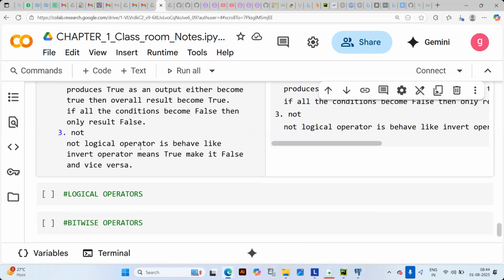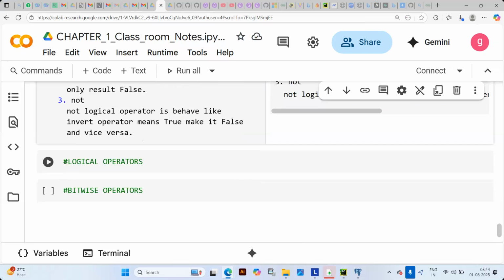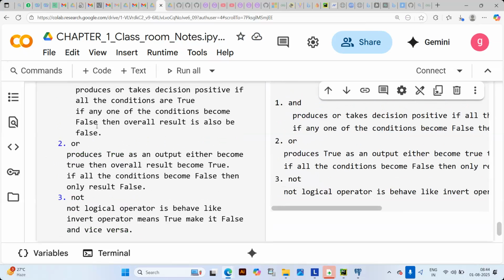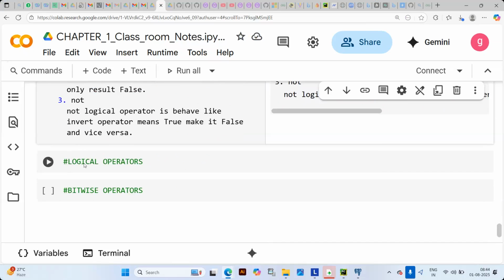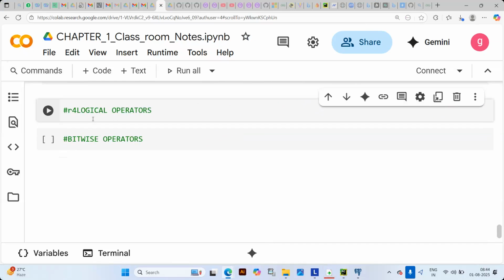So let us take appropriate examples here, like what exactly the AND operator will do, what the OR operator will do, and what the NOT operator will do. Demo about the logical AND operator.